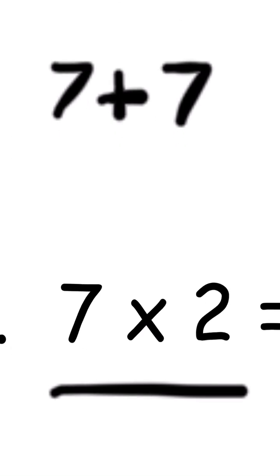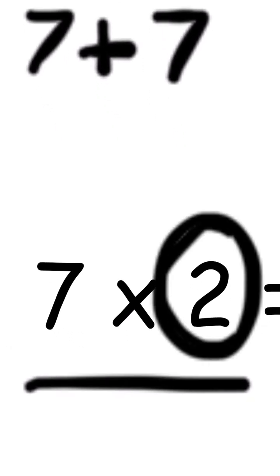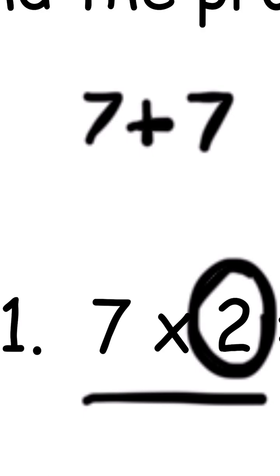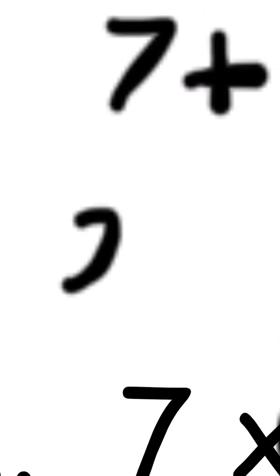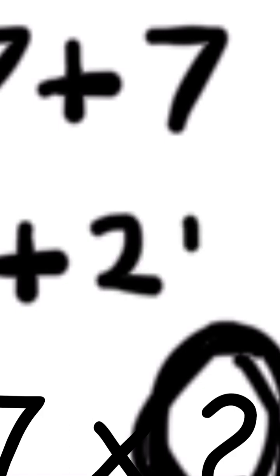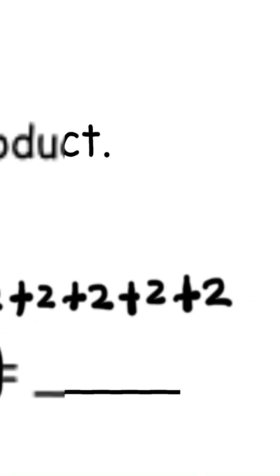Or if we choose to write 2 rather than 7, then we need to write 2 seven times. So there's going to be 7 of them: 1, 2, 3, 4, 5, 6, and 7.